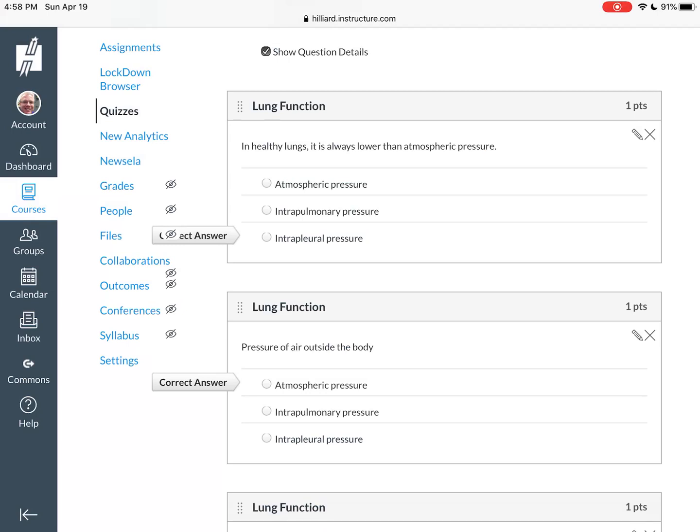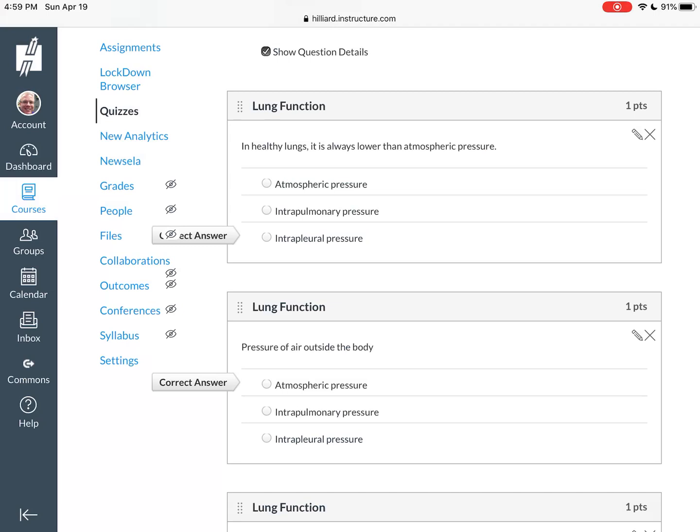If you remember our root words, intra means within or inside. Pulmonary means lungs. So intrapulmonary is going to be that pressure inside your lungs. The intrapleural pressure, pleural is the space around the lungs. You've got two layers outside the lungs called the pleural membrane, which reduces friction when you breathe between the lungs and the heart.